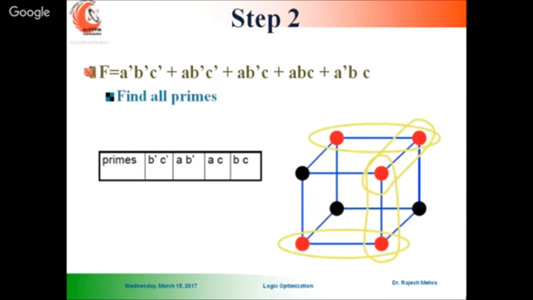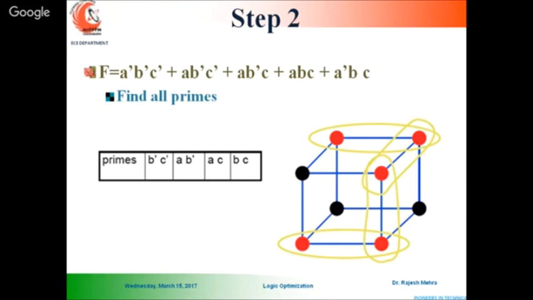Then what is next? Now you have to make the pairs, right? So here you can see that you have made 1, 2, 3, 4 pairs. If you can make the pairs, then we can reduce the number of what? Product terms. So first of all, place all the functions, primes, and then make pairs of that.